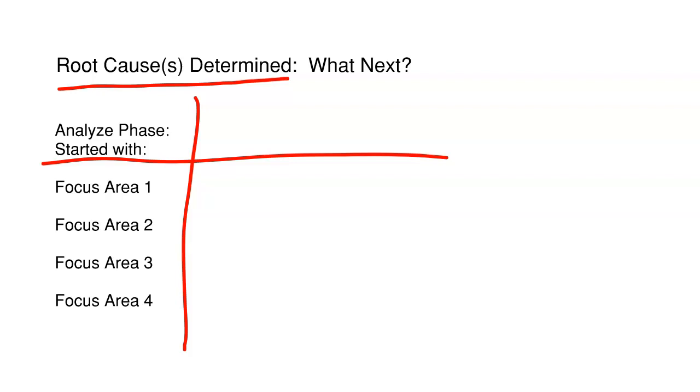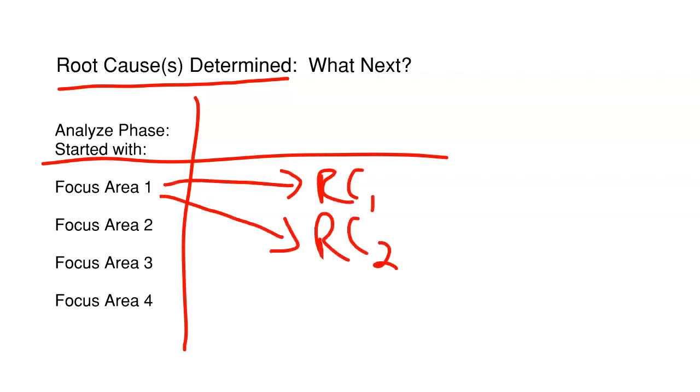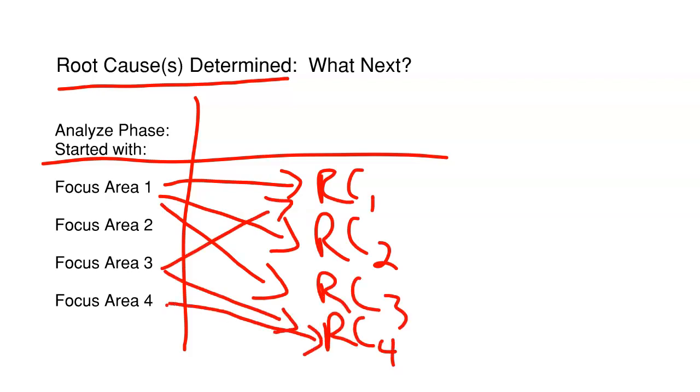When you walk into the analyze phase with, let's say, 4 focus areas, like in this example, it's not unusual to see something like this, where there will be some overlap. Different focus areas will have a variety of different root causes, but some of the focus areas will point to the similar root cause identified in a different focus area.